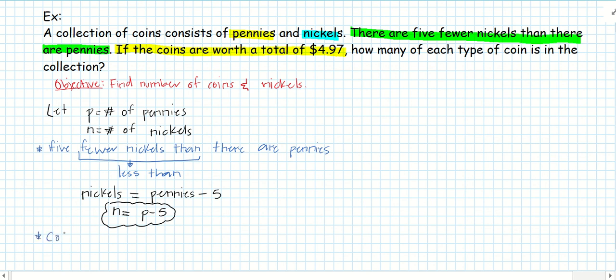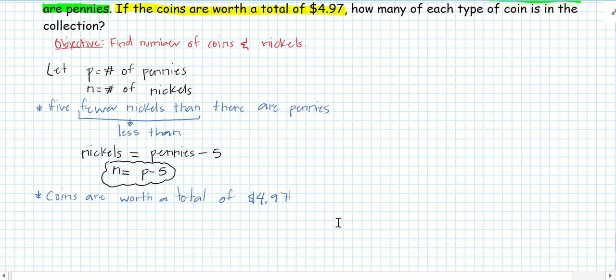Coins are worth a total of $4.97. What does that mean? This right here means that if we add the value of the nickels with the value of the pennies, they give you a total of $4.97.